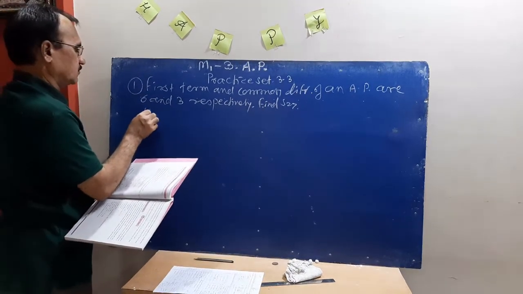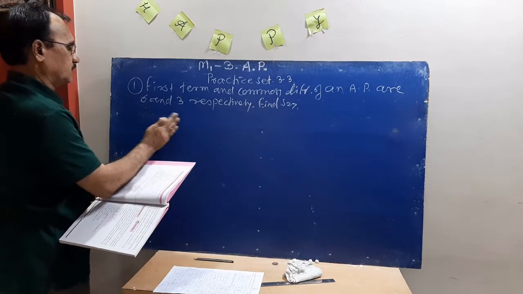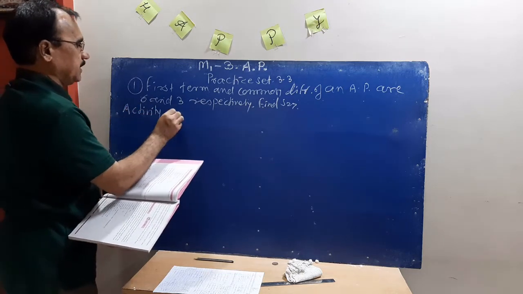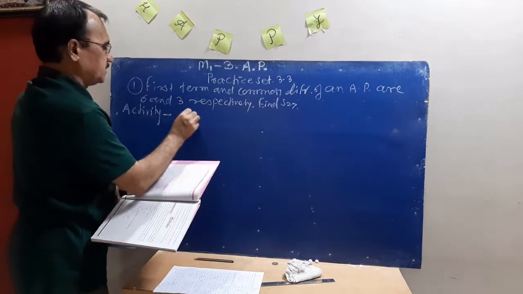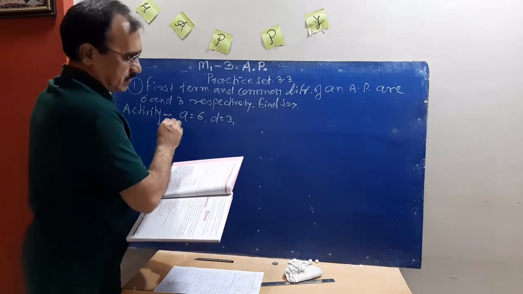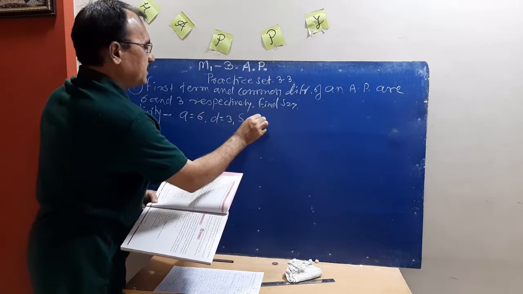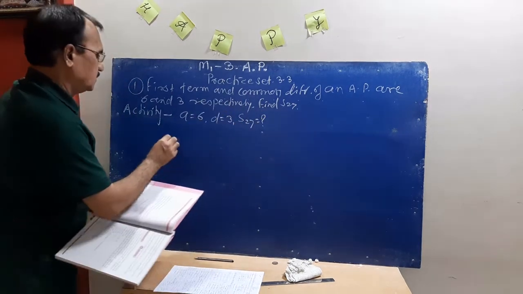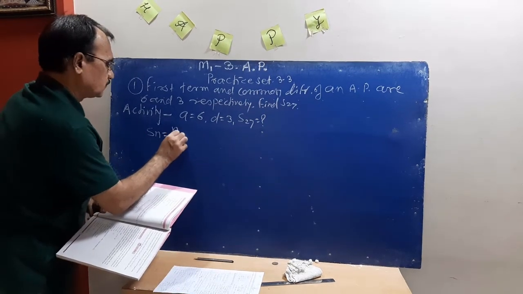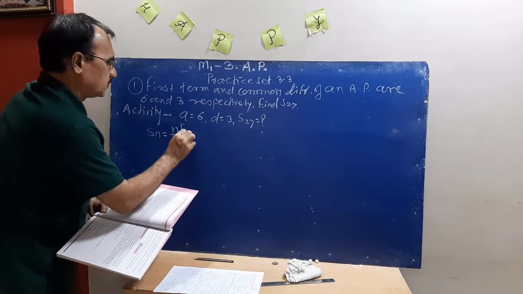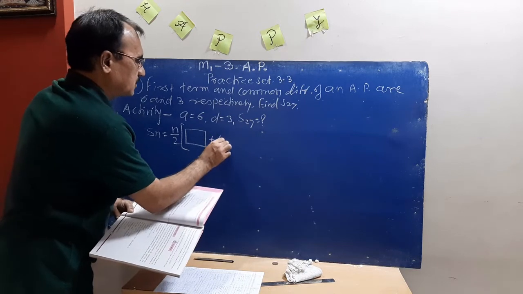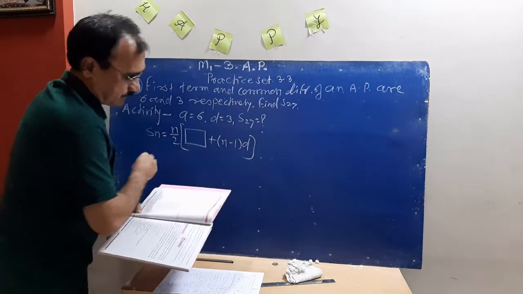Here a is equal to 6, d is equal to 3, S27 is equal to question mark. Sn is equal to n by 2 in bracket box plus (n minus 1) into d.